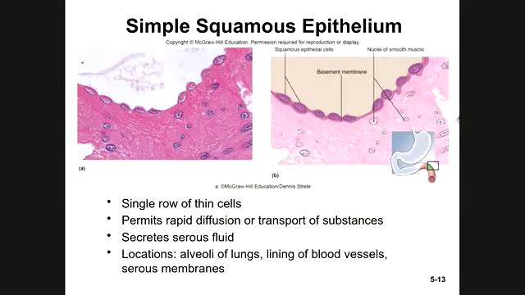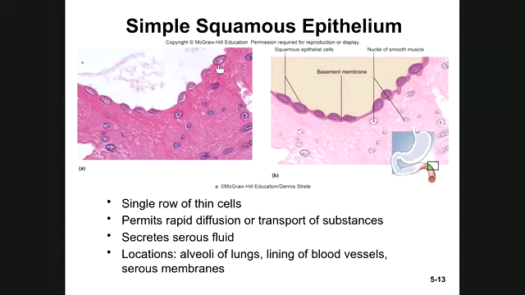Here you can see the simple squamous epithelium. I told you that the epithelial tissue lines the body cavity or the surface of our body. So all the time you need to have a free space or the lumen on top of the epithelial tissue.